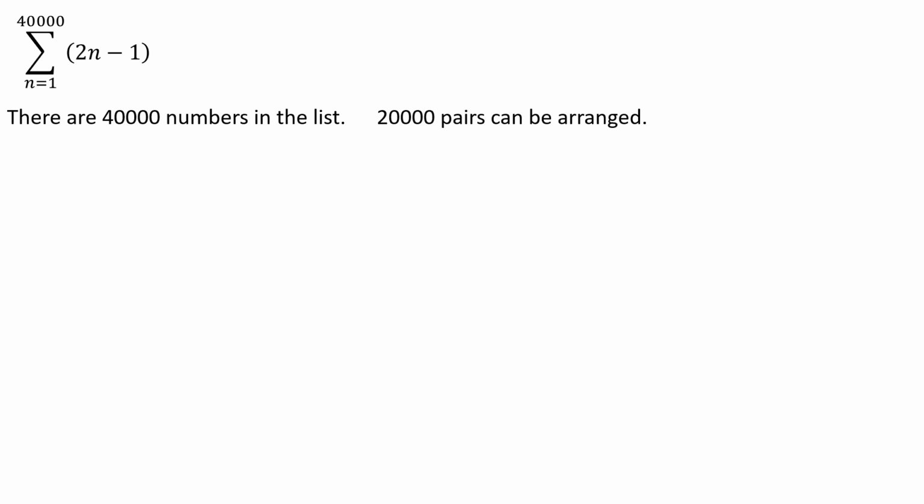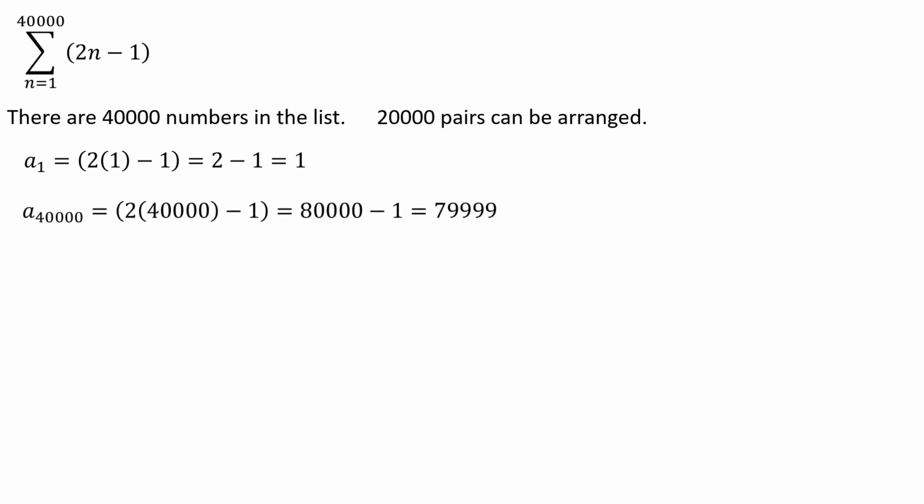Well, plug in the number 1 to get the first number in the list, and then plug in the number 40,000 to get the last number in the list. All right, so 2 times 40,000 is 80,000. 80,000 minus 1 is 79,999.